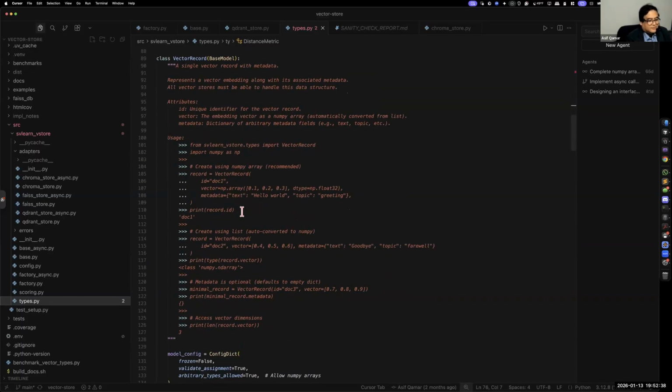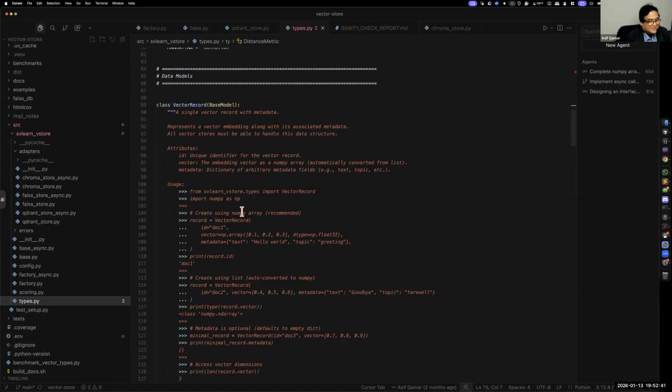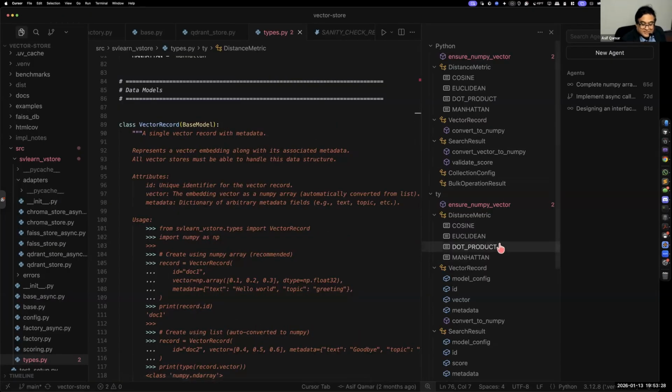Vector record. What in the world could be a vector record, guys? It is something that you put in the vector DB. It will contain three parts. This is important. The attributes are three parts. I think I should open the outline to make it obvious. So look at this.